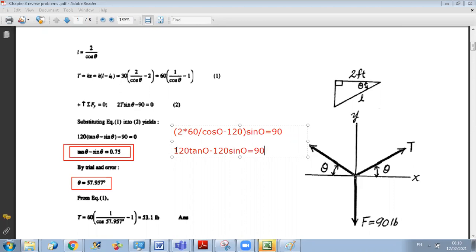Now, if you take 120 to the other side, you will get that tangent of theta minus sine of theta equals to 90 over 120 equals to 0.75. Okay, so it's just a replacement method to get this relation.